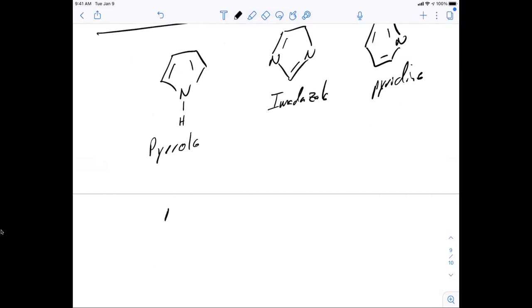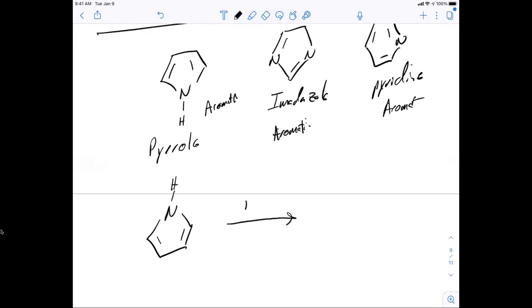But there are a couple of reactions. These will react as aromatics, right? So all of these are aromatic groups.